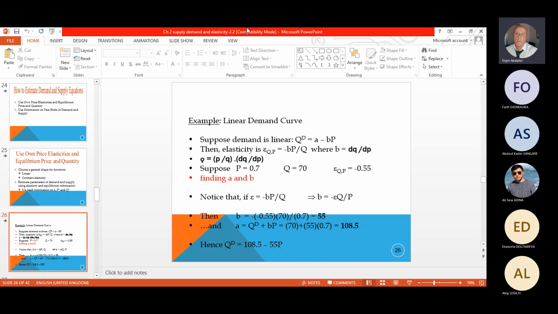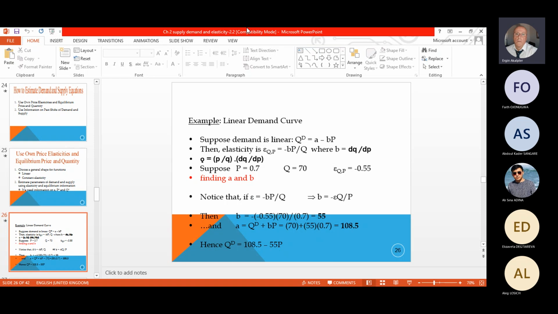The elasticity given is minus 0.55. Then you put the initial quantity 70 and the initial price 0.7, and you will find B, which is 55.